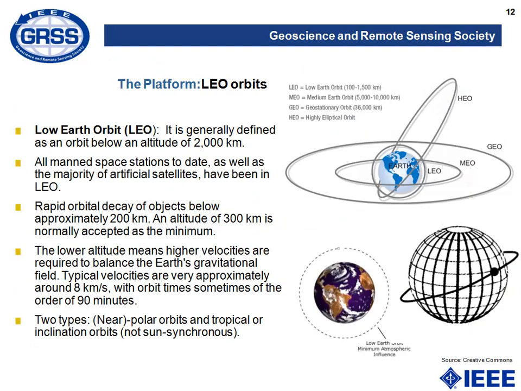In terms of altitude, we have low Earth orbit, medium Earth orbit, and geostationary orbits. The common use of low Earth orbit for Earth observation is defined by orbits below an altitude of 2,000 kilometers.